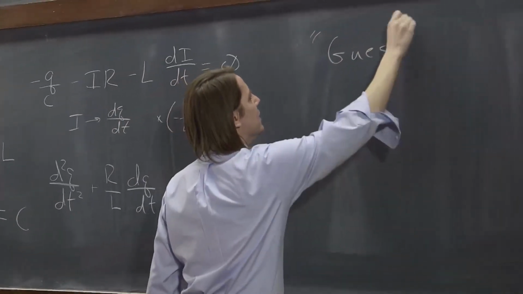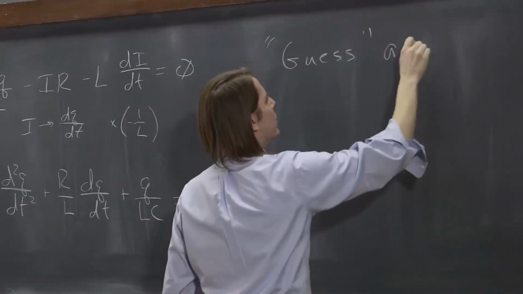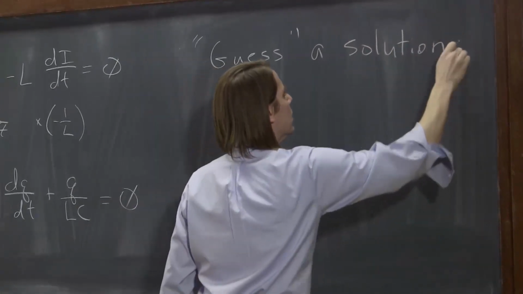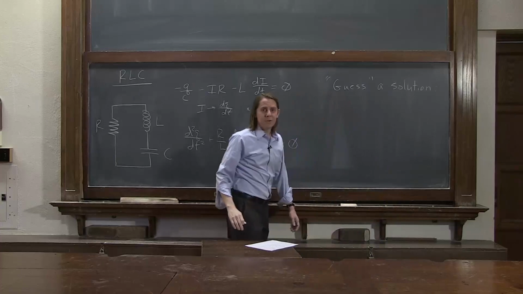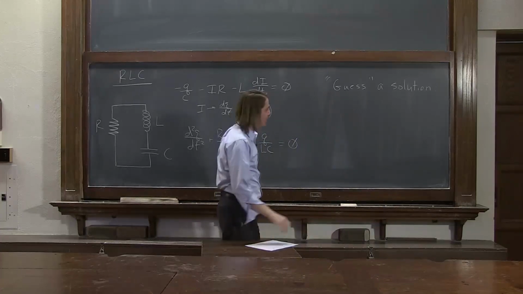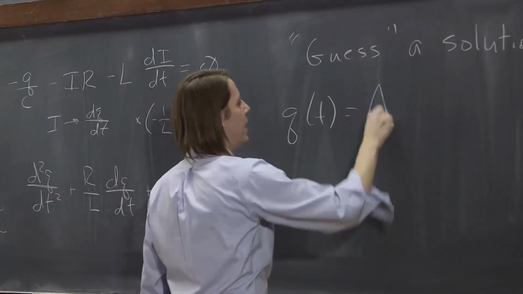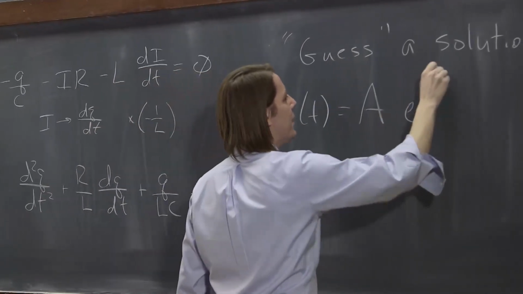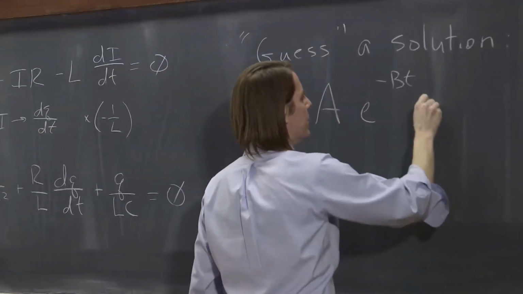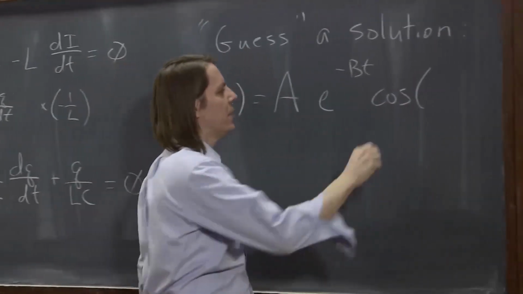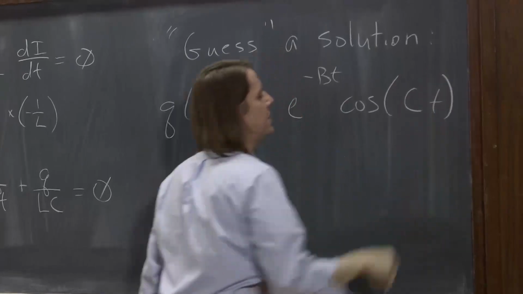And guess is in parentheses here because I'm telling you the right answer because I have done this before. And my guess is Q of t equals A e to the minus bt times the cosine of ct.